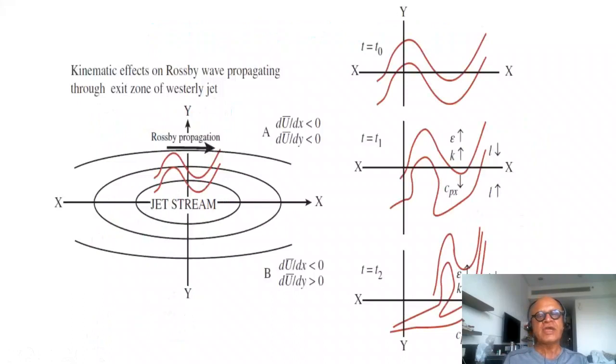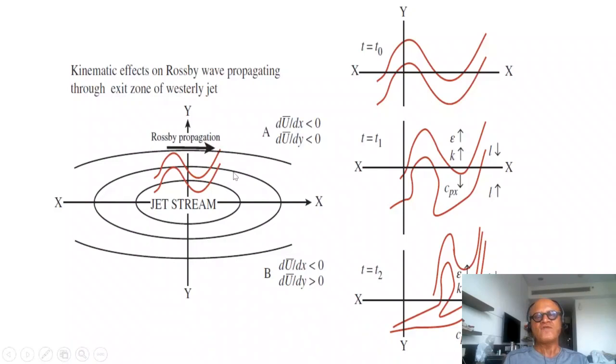It's easier to look at the flow. Let's say here is our westerly jet stream along XX, and then you take a cross section in the meridional direction. We can look at the kinematic effects on Rossby waves propagating through the exit zone, which is related to the tropical upper tropospheric trough and the westerly duct.